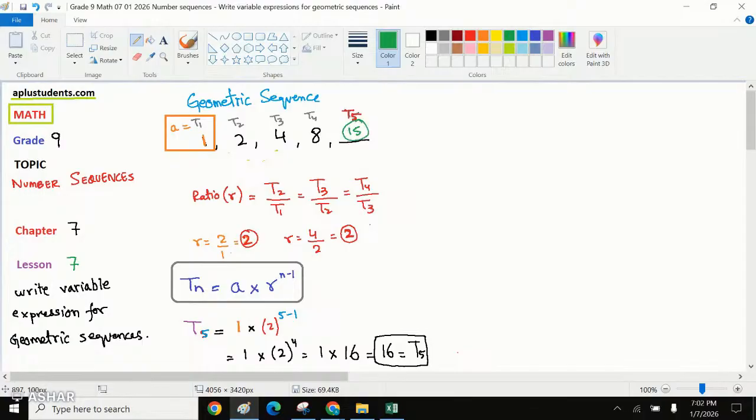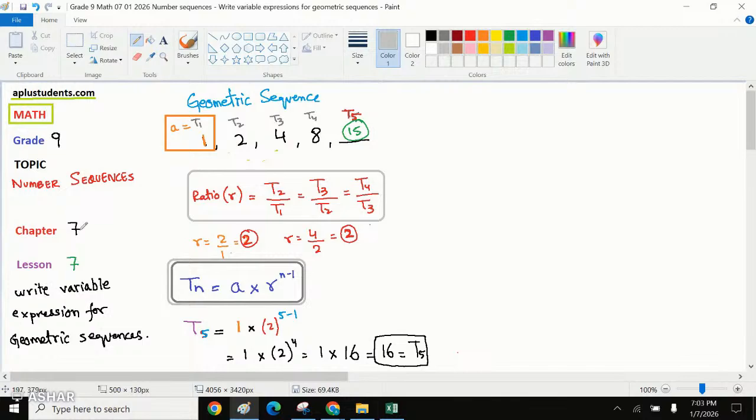Using the formula we can find any specific term. This is the generalized formula for finding any specific term in a geometric sequence. We need two things: the formula and the ratio. These are the two requirements we need to meet in order to find any term of a geometric sequence.